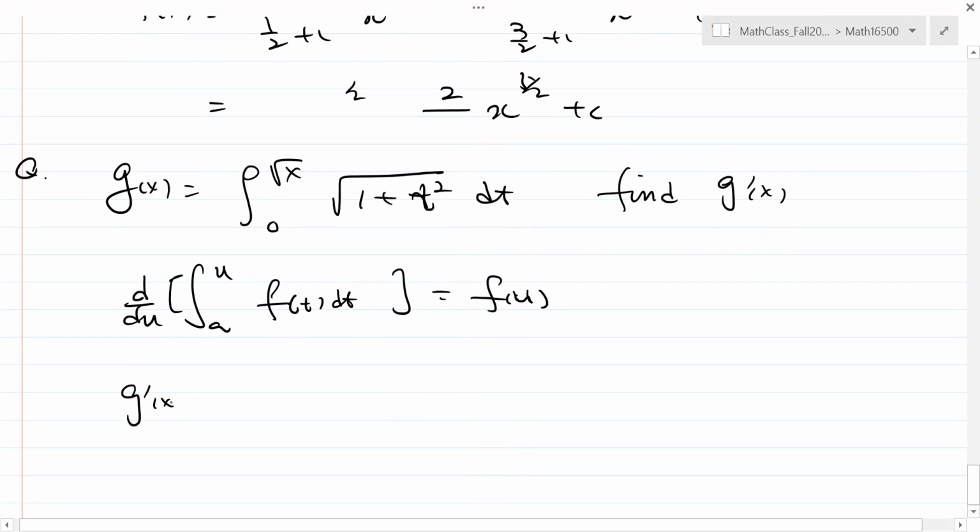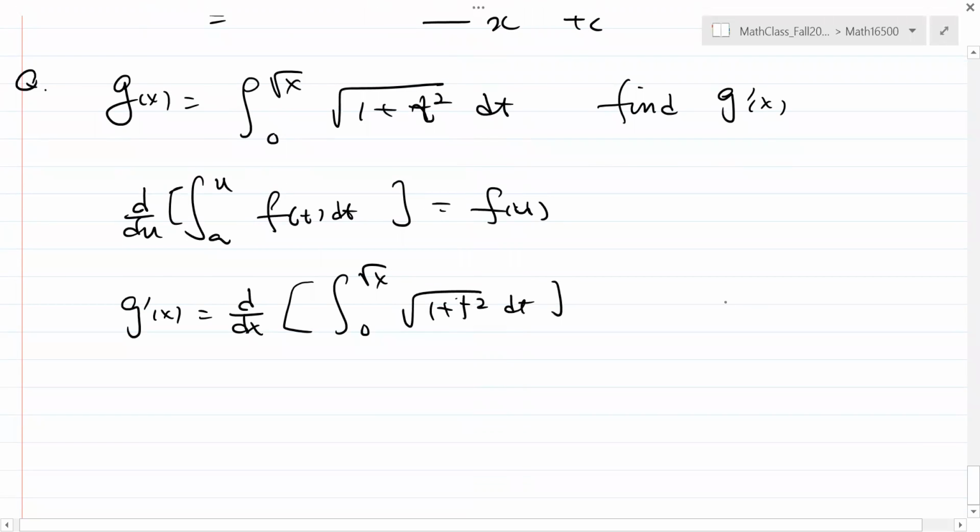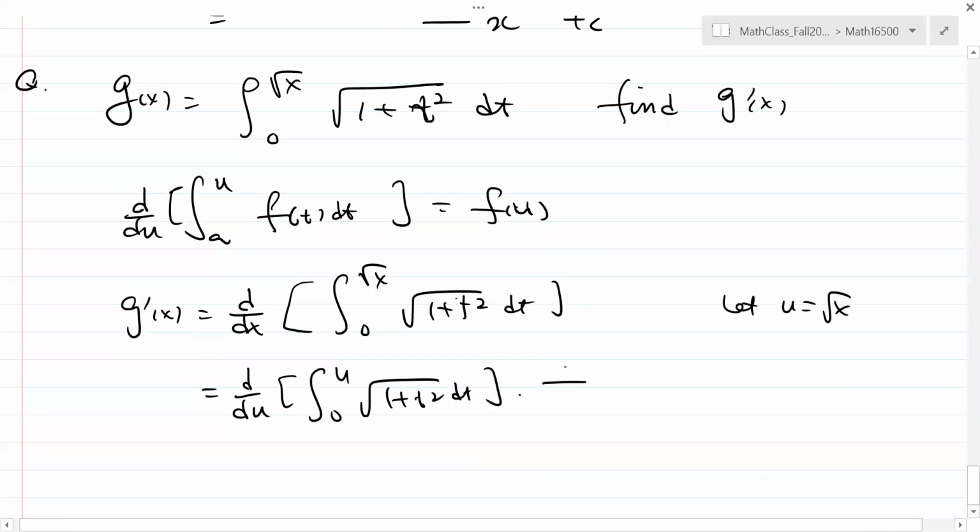So g prime of x is the derivative of this function, but you let u be square root x. So that will be by the chain rule, and then du over dx.